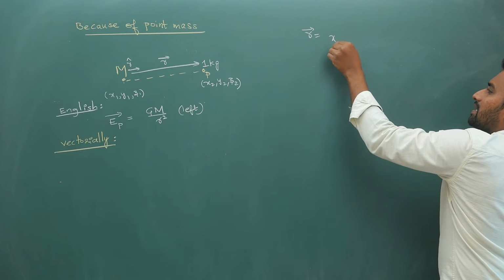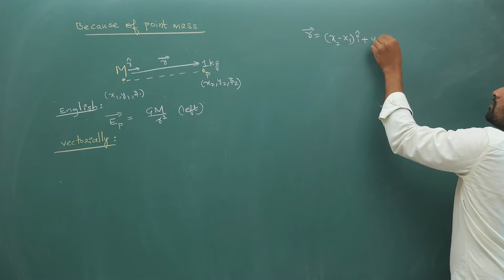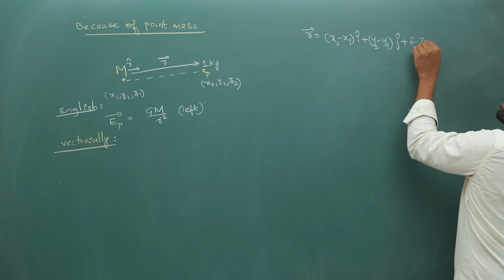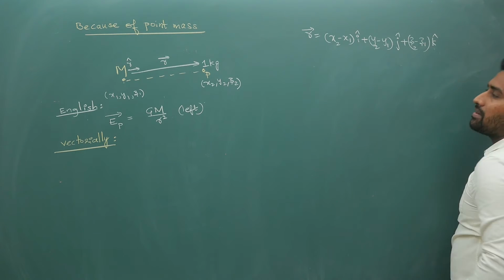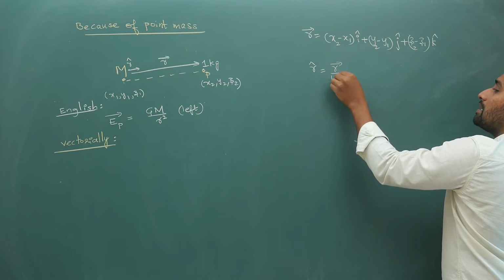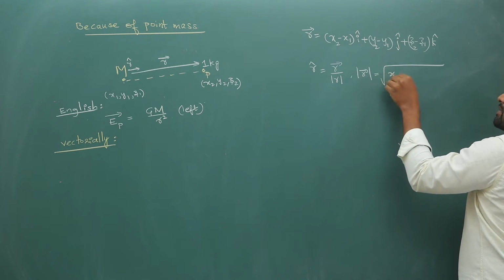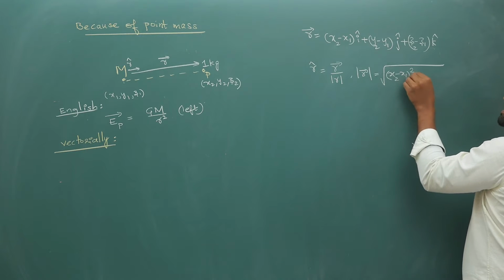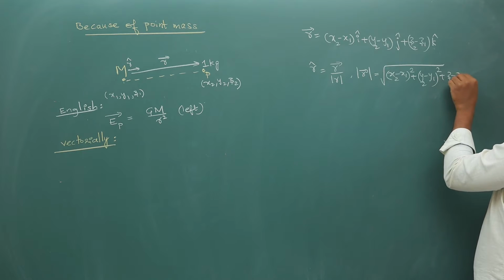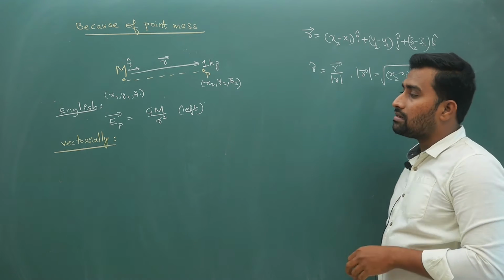So your r bar vector is (x2 minus x1) times i cap plus (y2 minus y1) times j cap plus (z2 minus z1) times k cap, and your unit vector r cap is r bar by mod r, where your magnitude of r is under root (x2 minus x1) whole square plus (y2 minus y1) whole square plus (z2 minus z1) whole square. So this is your magnitude of the vector.